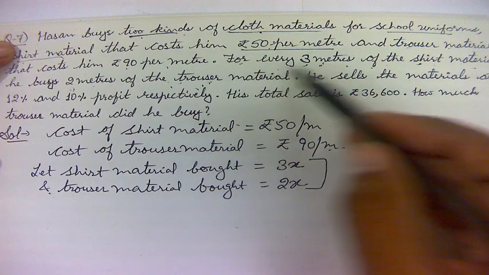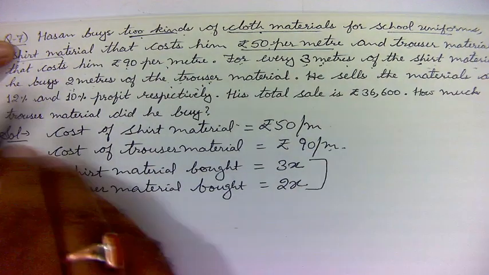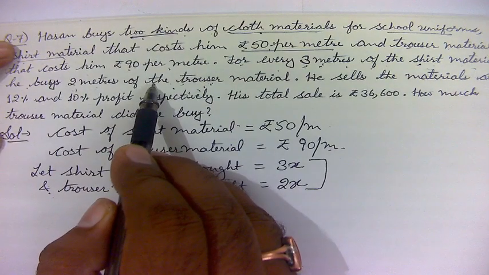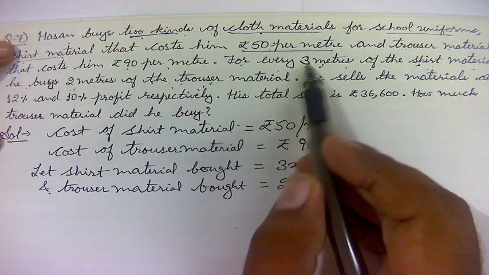They have explained the ratio in another way. They are saying that for every 3 meters of shirt material, he buys 2 meters of trouser material. So in simple sense, it is the ratio of the shirt material and the trouser material.